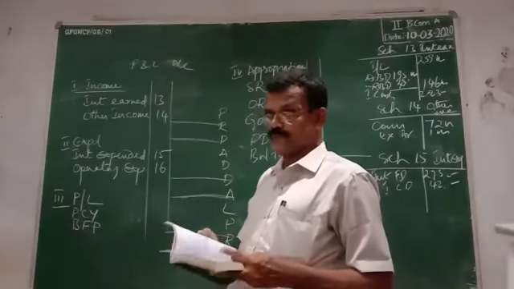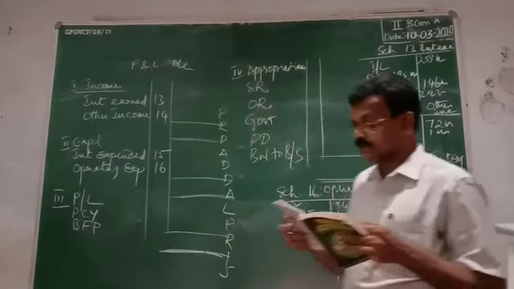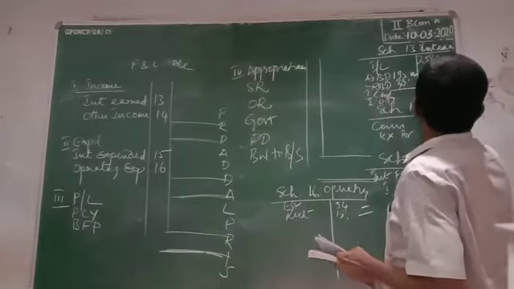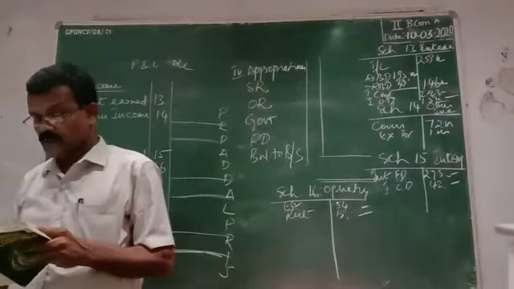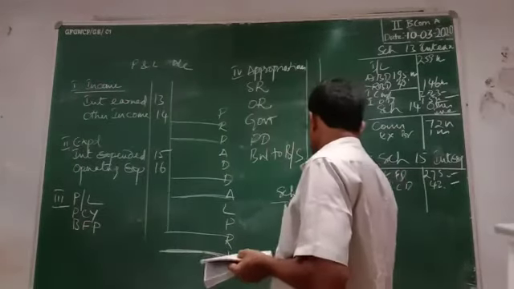Interest on overdraft, again it is interest earned. Interest on overdraft 1,54,000. And directors fees, auditors fees, these are all operating expenses.